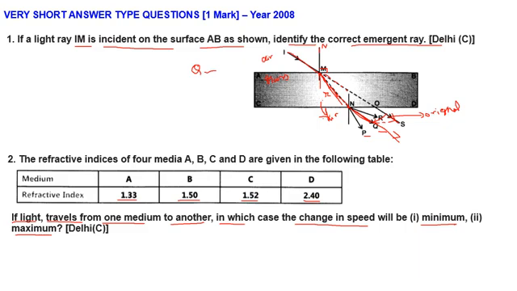There will be a change in the speed when light moves from the rarer medium to the denser medium, or from the denser to the rarer medium, right? First we have to see the minimum change in the speed. Minimum change in the speed means there should be a minimum difference between the refractive indices of the two media, because what is the refractive index telling me?